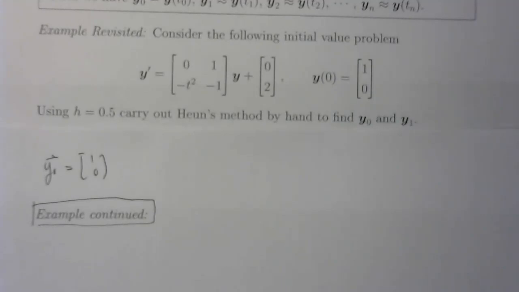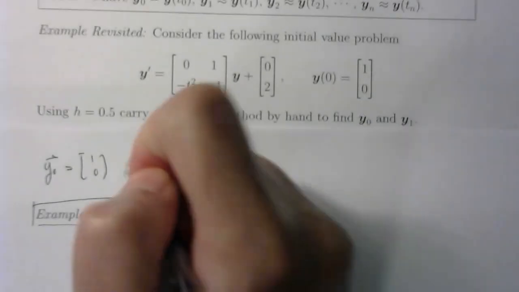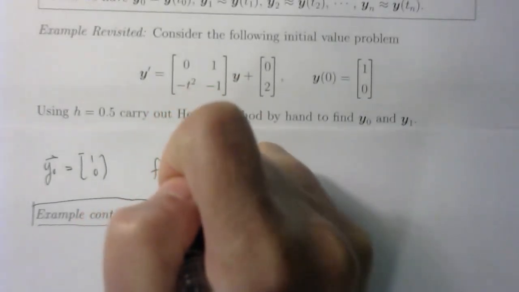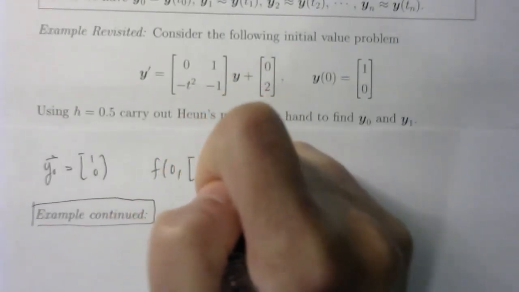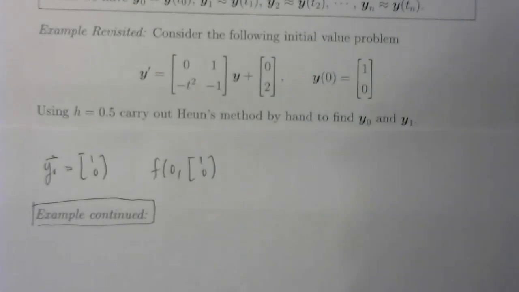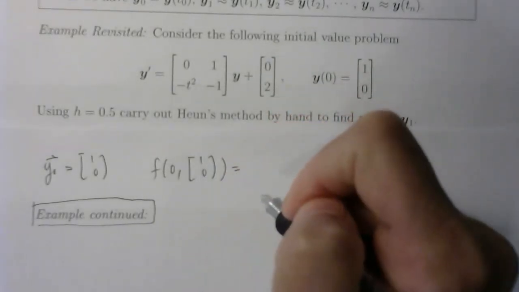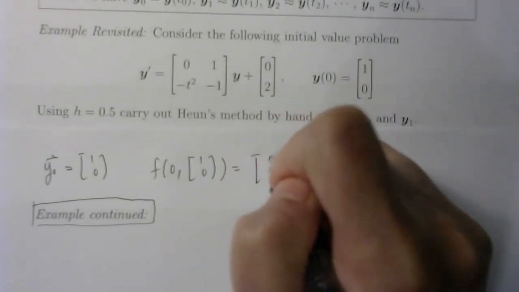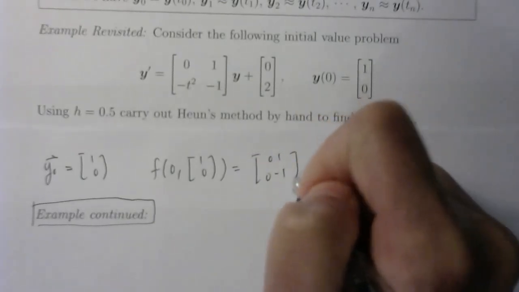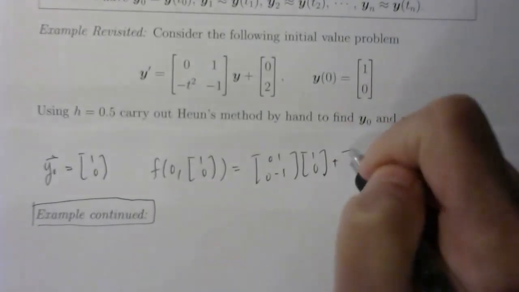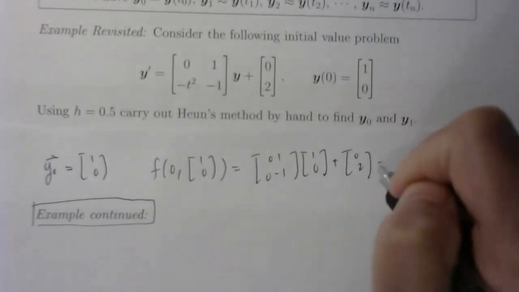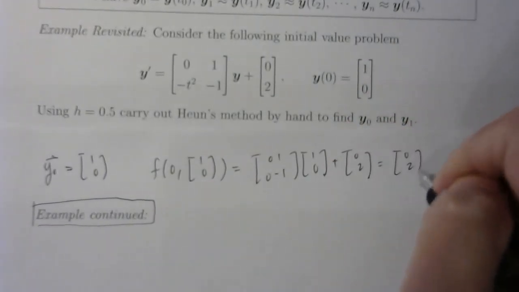And let's solve for the different things that we're going to need for Heun's method, right? We know that we need f at t0, which is 0, and at the initial condition. We're going to need that. So what is that? That's going to be 0, 1, 0, negative 1 times 1, 0 plus 0, 2. So we had found this guy before. This is 0, 2.